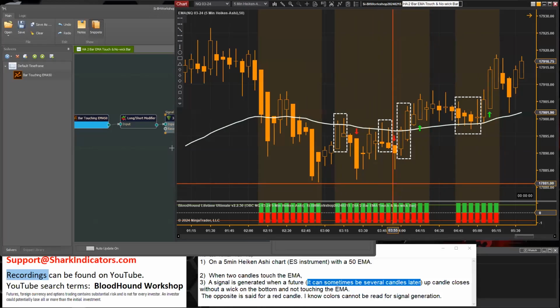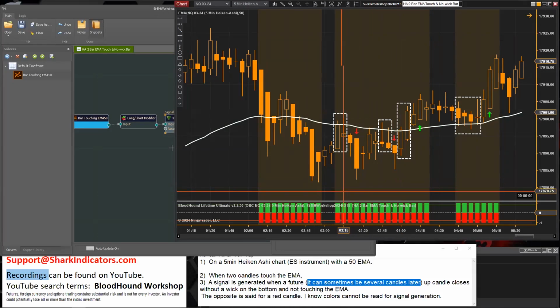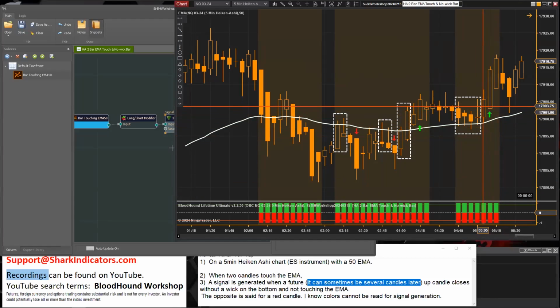All right, so now we can see the racing stripes that we're seeing is showing us the opportunity at which a no-wick bar can show up and get a signal.